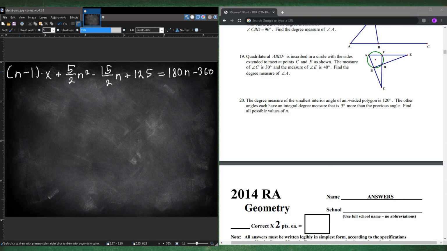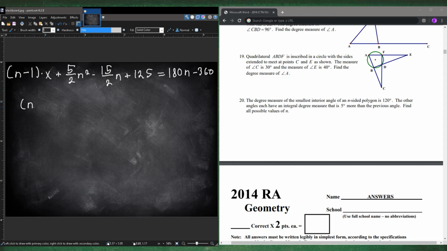So we just have to find n. And we have to make sure x is greater than or equal to 120, because they said the smallest interior angle of the n-gon is 120. So we have to make sure that x cannot dip below 120. All we have to do is move everything to the other side.